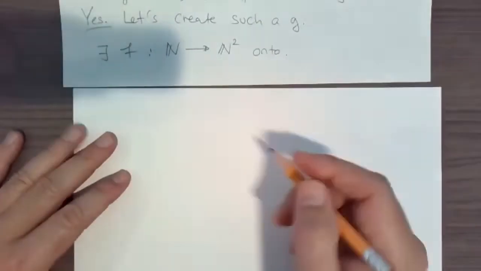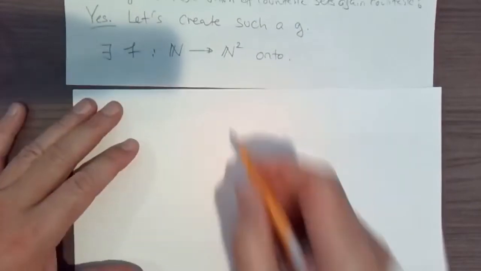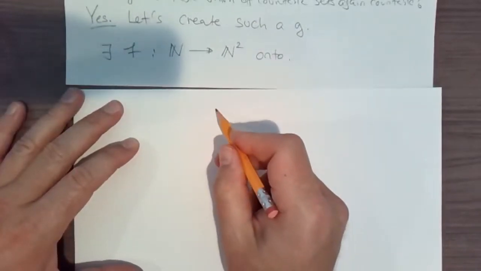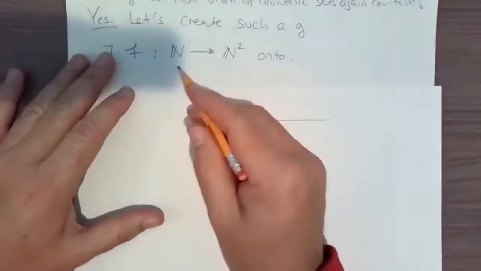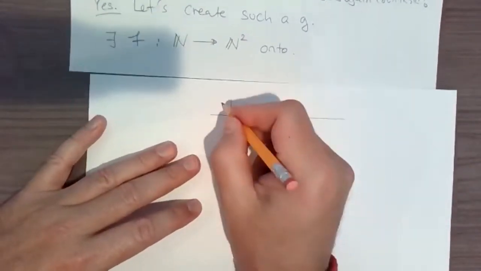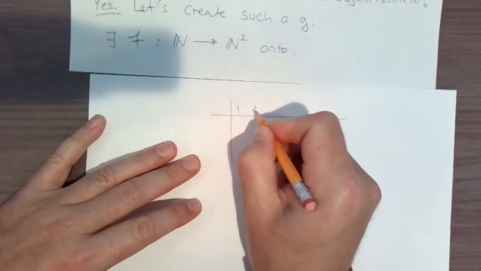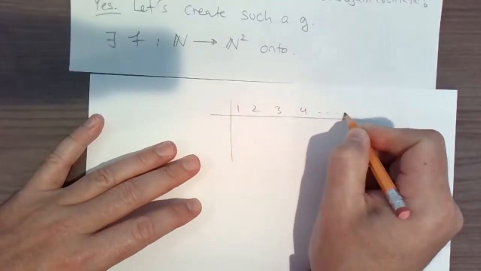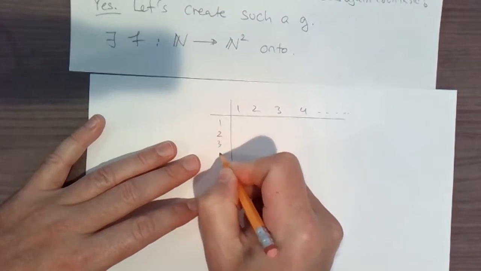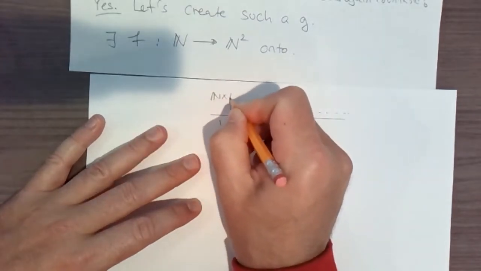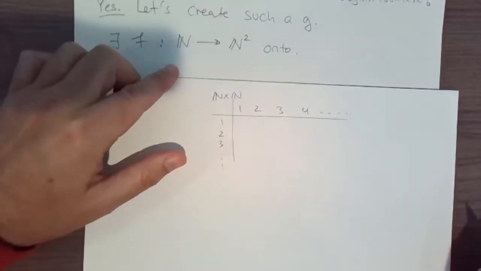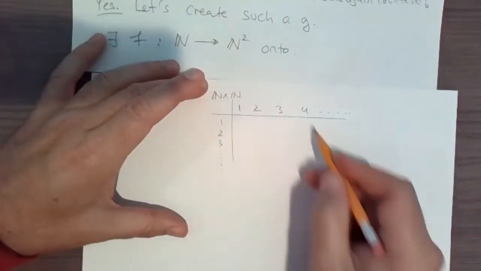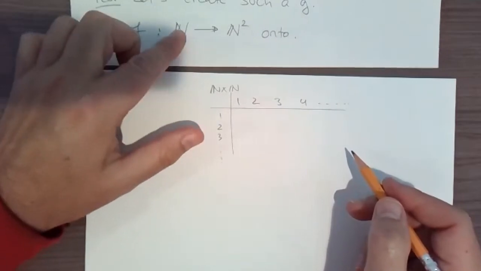What kind of a function f could you use? If I would arrange N squared as so, I'll write 1, 2, 3, 4. Then I have 1, 2, 3. This here is my plot of N cross N, and I want to be able to write everything in this matrix in terms of natural numbers, right?